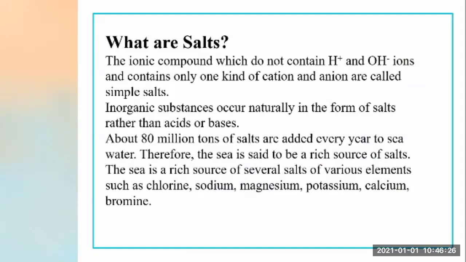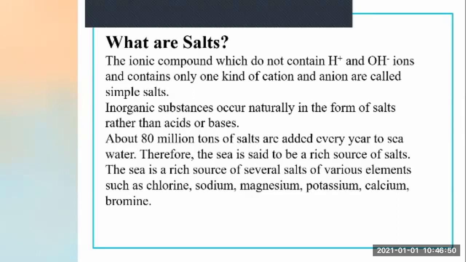First I'll read it out, then I'll explain. The ionic compounds which do not contain H plus and OH minus ions and contain only one kind of cations and anions are called simple salts.